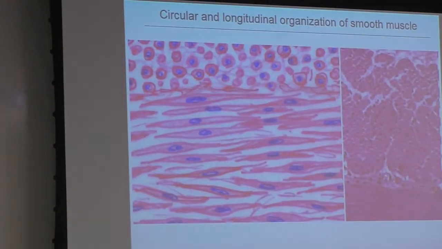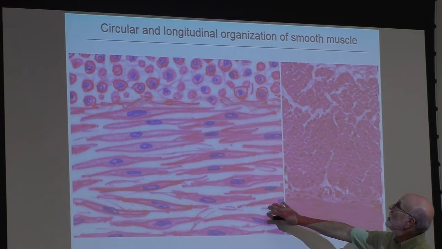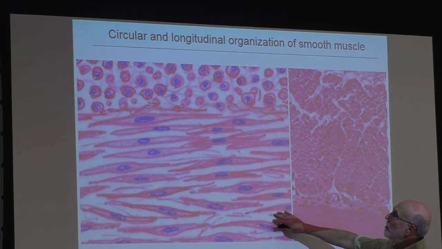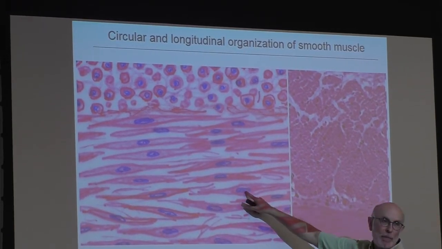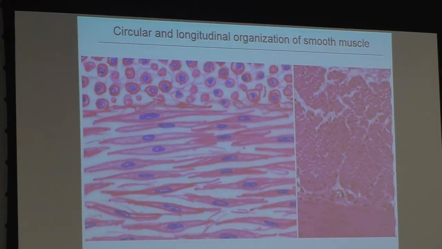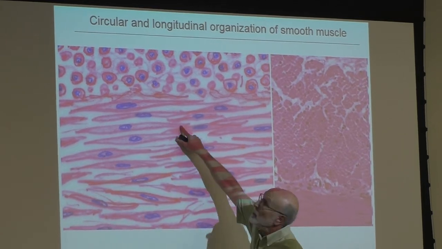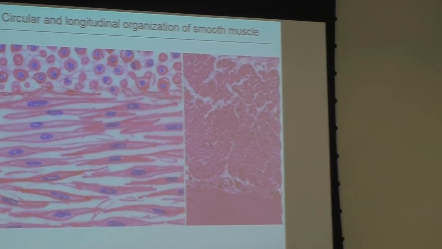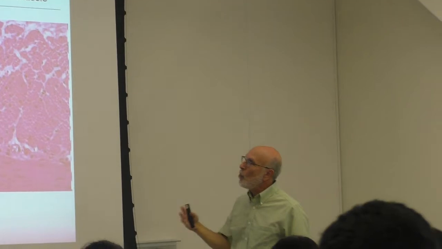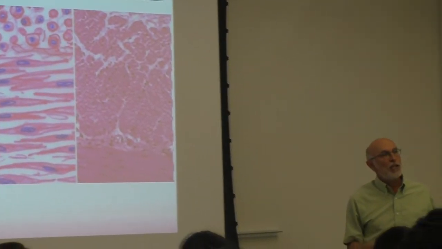So this looks like a cartoon, but this is actually a micrograph of smooth muscle. Each of these blue things is a nucleus. The pink thing is a smooth muscle fiber. It looks like they're all separated, but there are gap junctions between different cells. The main point is that smooth muscle comes in circular and longitudinal structures around the tubes that it controls.